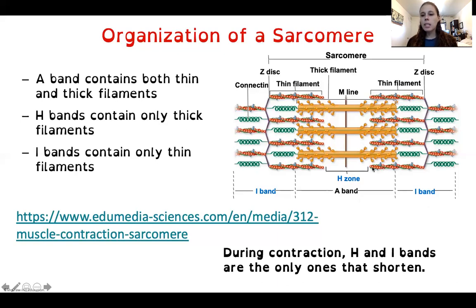That's because the thin filaments are going towards the M line, so the H zone, which is only made by thick filaments, is going to become smaller. And the same with the I band: the filaments getting closer to the M line and the Z discs getting closer makes the I band smaller. Click on the link and you're going to see it with your eyes.